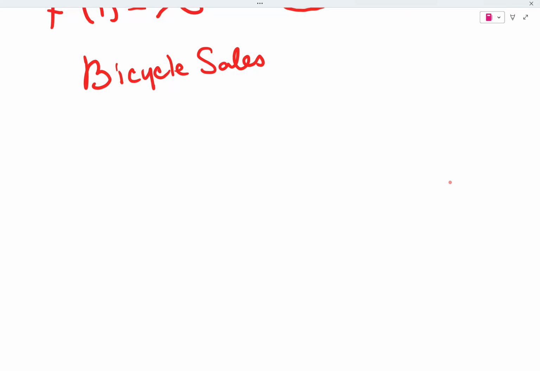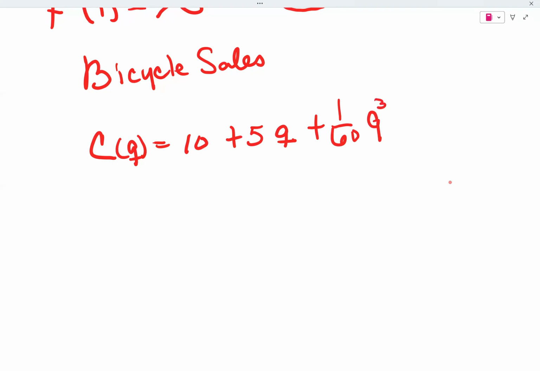They are telling us that the cost of Q bicycles is modeled as 10 plus 5Q plus 1/60 Q to the 3rd power. It looks like the price per bike, or the p-value, is the demand of Q, which is equal to 90 minus Q.